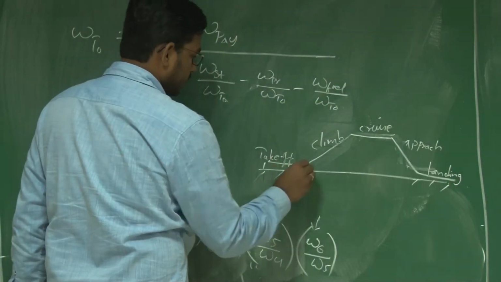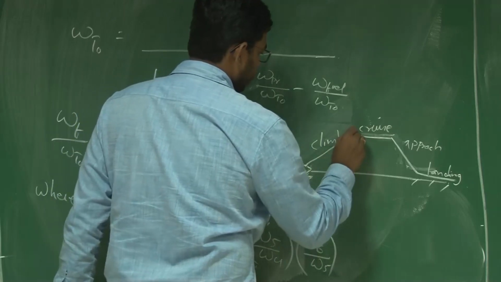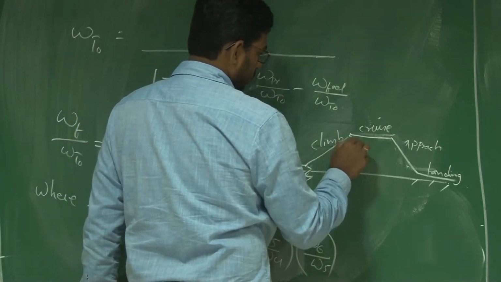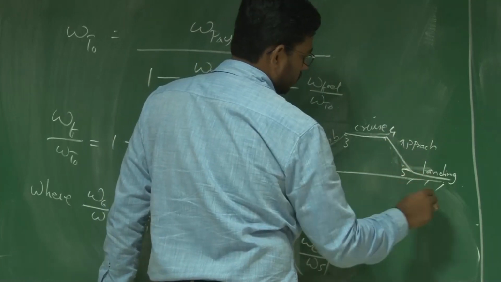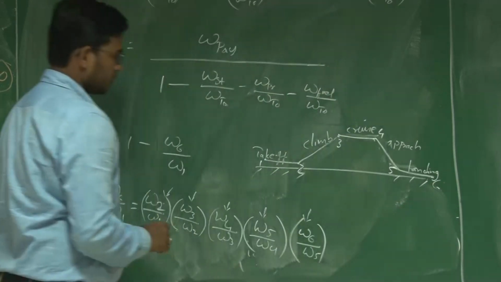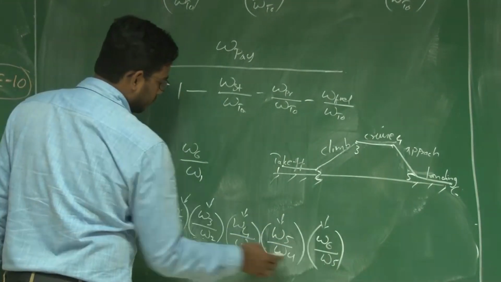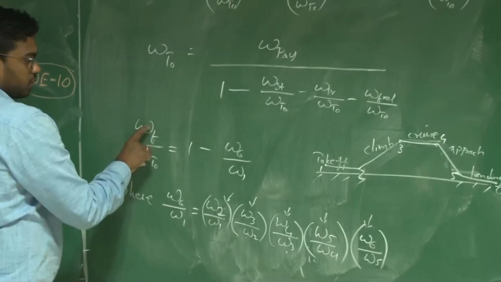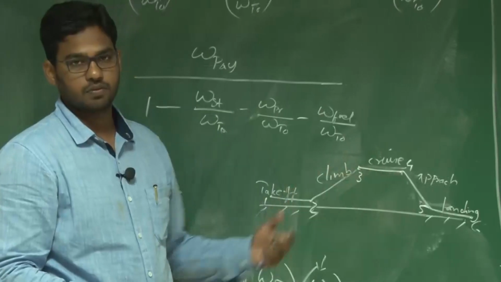So we have segmented this entire mission based upon the dynamics during that particular phase, right. So these weight fractions represent the fuel weight that is consumed during these phases of this mission, right.